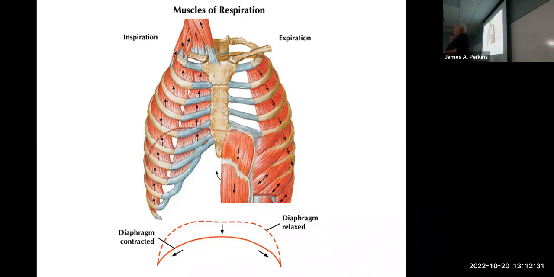If you damage the spinal cord above C3, you lose innervation of the phrenic nerve, which paralyzes the diaphragm. They can no longer expand the chest cavity. And so someone who's a quadriplegic at C1 or C2 has to be on a respirator or ventilator that literally pushes air into the lungs and then sucks it back out again.